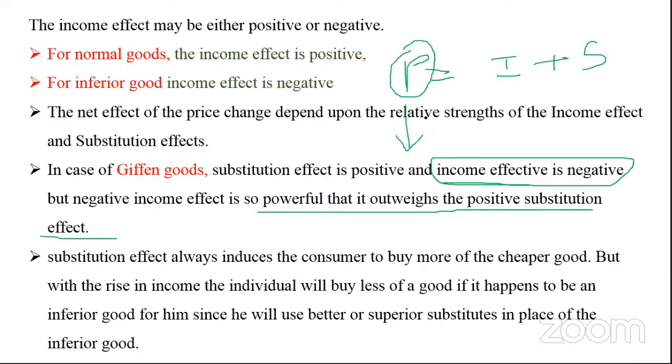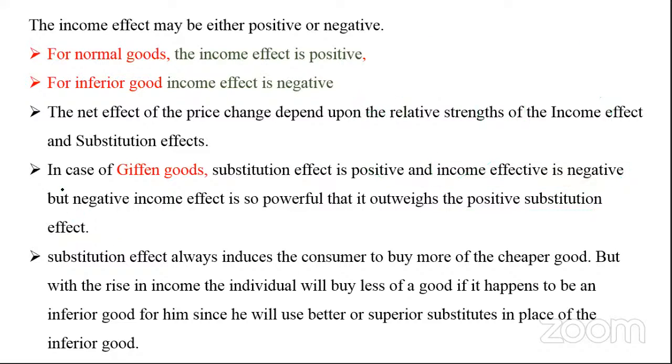The reason given is that the income effect is negative and the substitution effect is positive, but the negative income effect carries more powerful weight compared with the substitution effect. So the price effect of the given goods is also negative, and the reason is also right. The strength of the income effect and the substitution effect plays the key role. Remember, this is also most important.